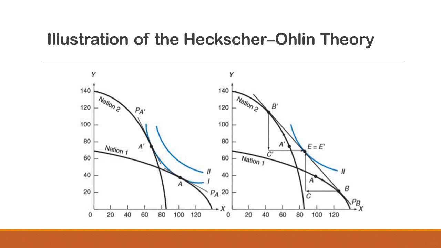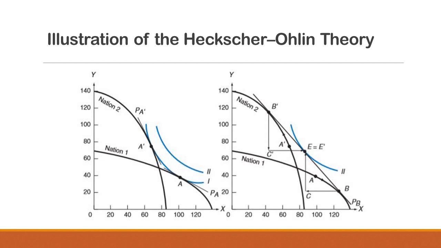It is tangent to the first community indifference curve at point A. Point A is the point of production for nation 1 in the pre-trade situation, and nation 2's production possibility frontier is tangent to the first community indifference curve at point A dash, which is the point of production for nation 2 in the pre-trade situation.